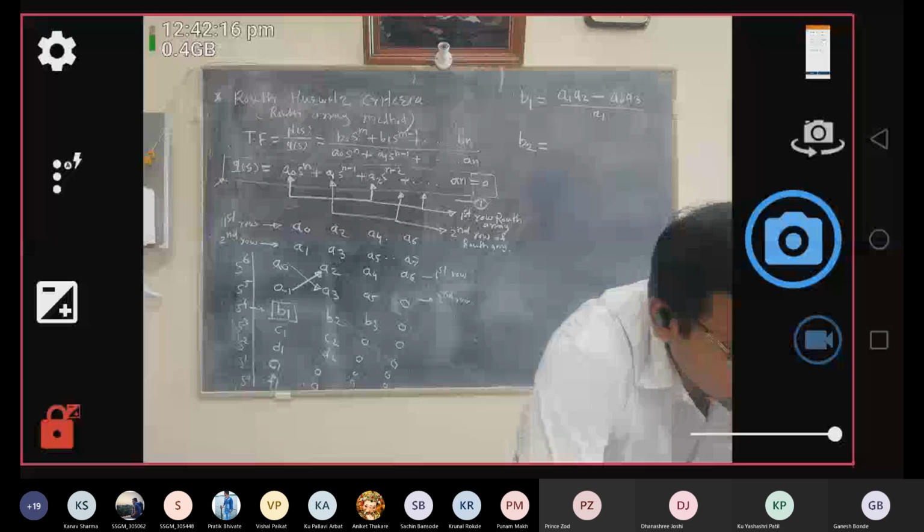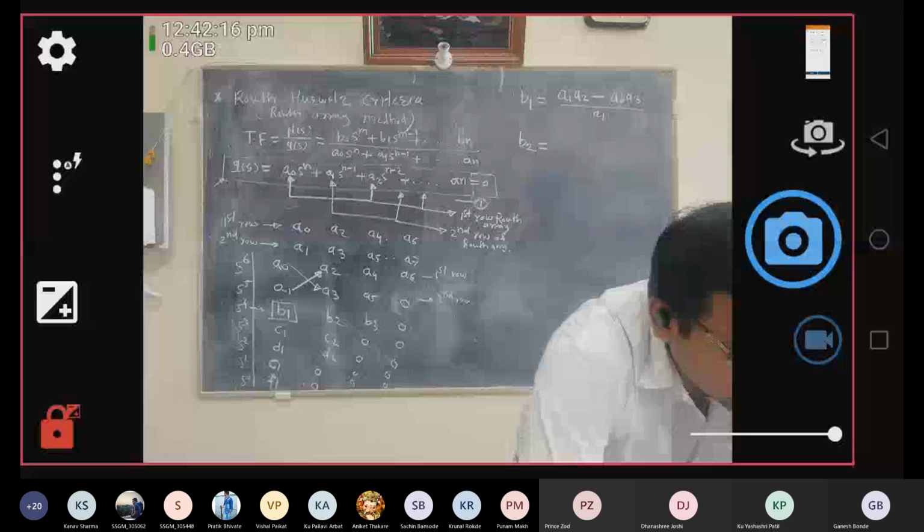The elements in the first column of the Routh array are used for stability determination.